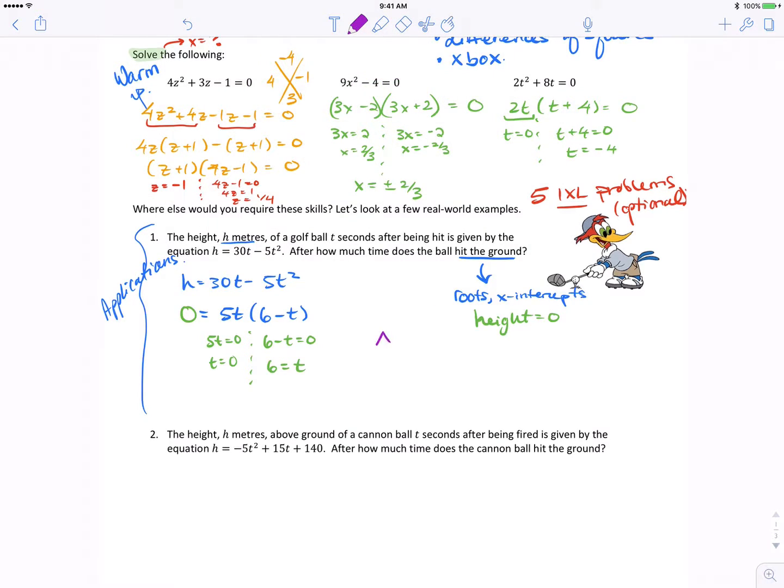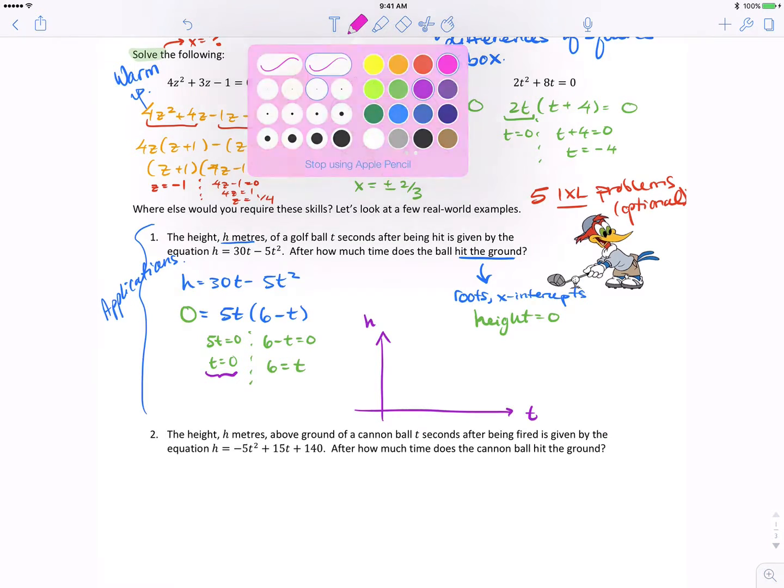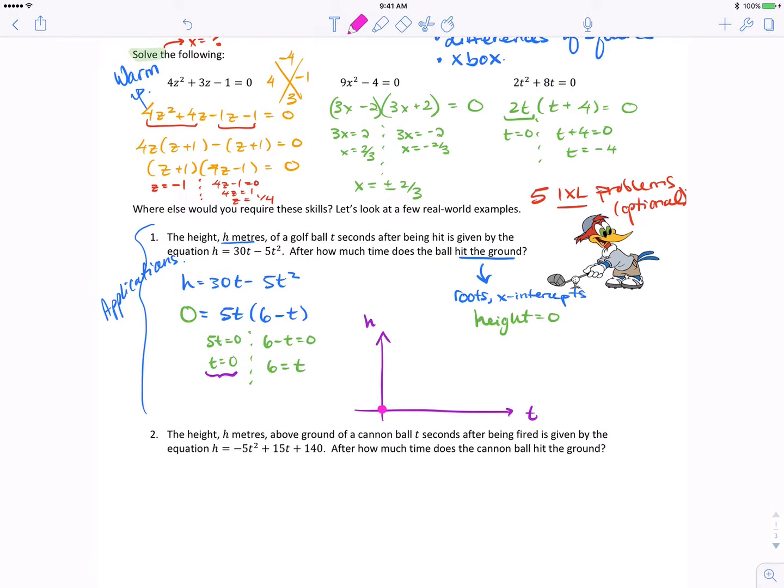Now the question didn't ask for a graph, but let's just look at this. This is time, and this is height. So it says, when is the height 0? Well, when time is 0, it's at a height of 0. So for me, that means here it is initially at 0. Then when time is 6 seconds, it's at 0 again. I have a negative value for a, which means it's going down.